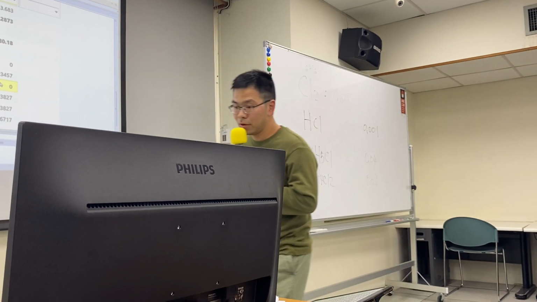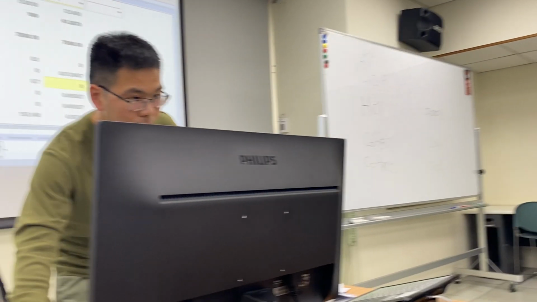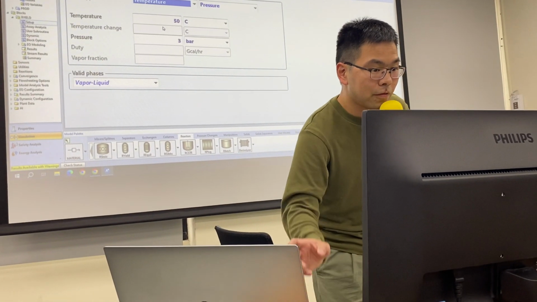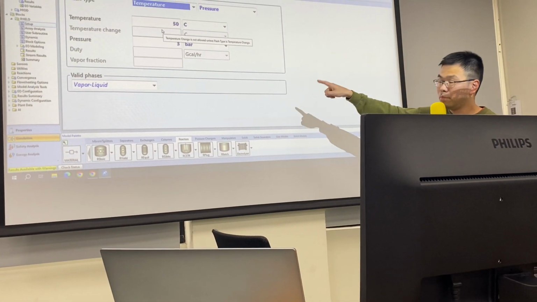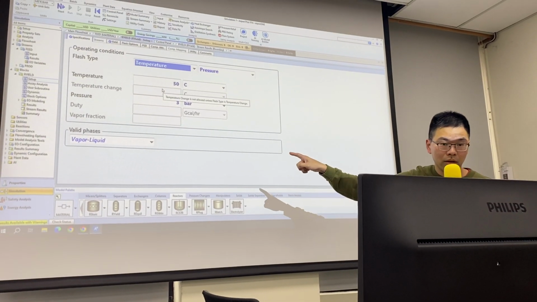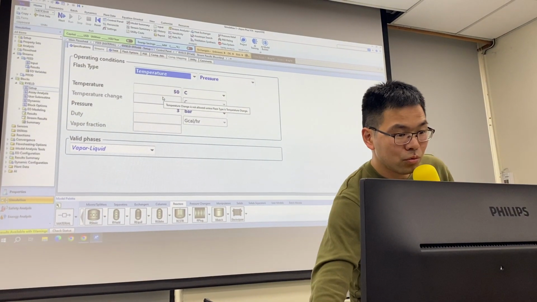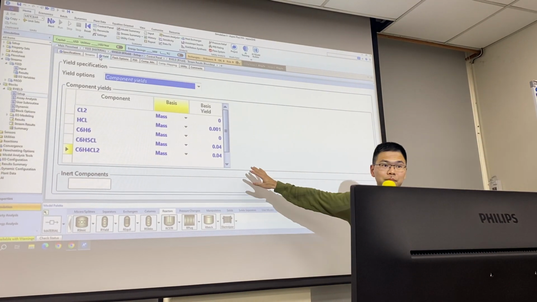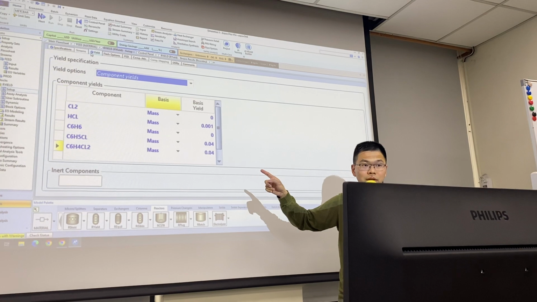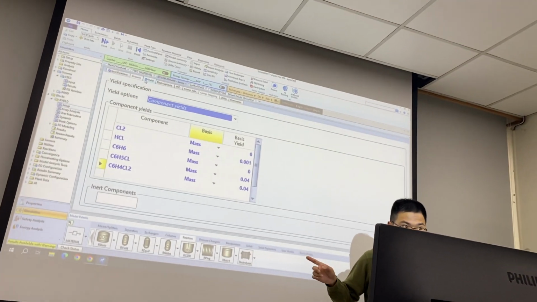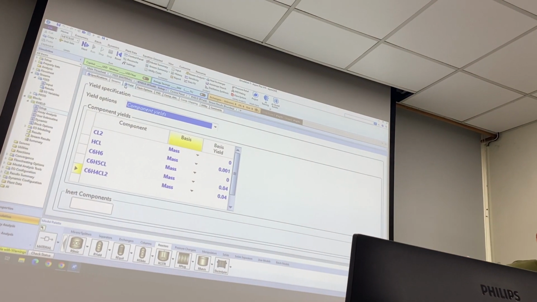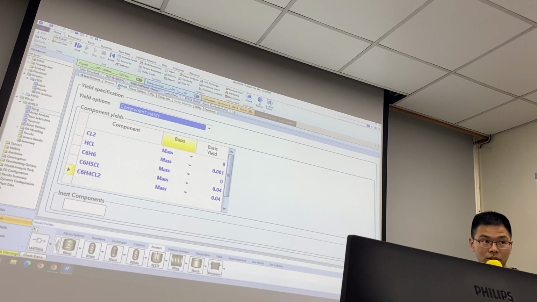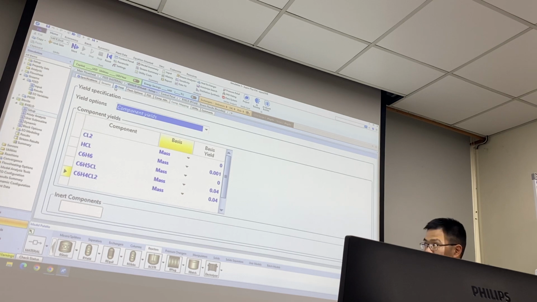If you remember our settings, we only defined the temperature and pressure, right? And then we jumped into the yield distributions, like this one, and we executed the result. Indeed, the results are consistent, despite the values being different.